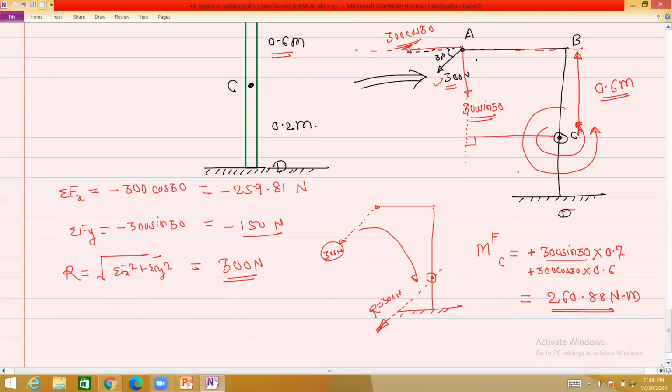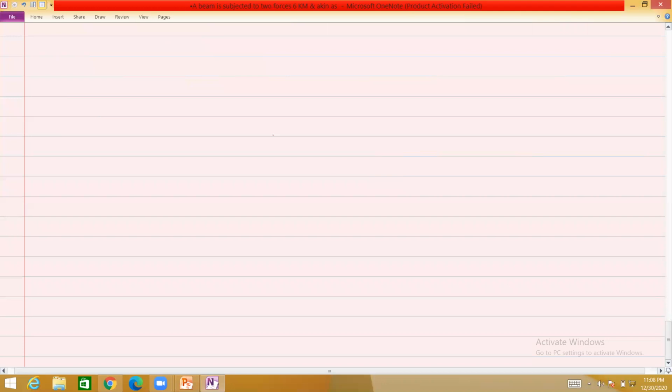So the equivalent system: this is the bracket ABCD.